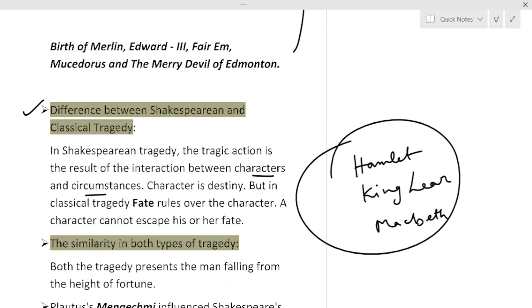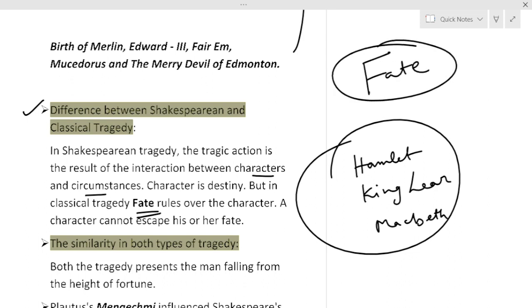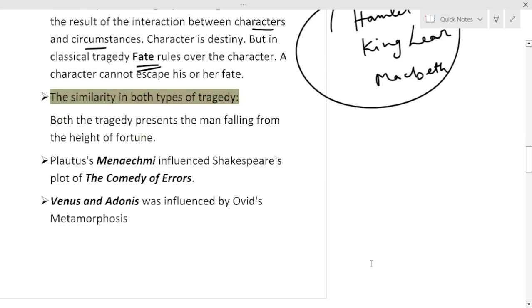Character is destiny. But in classical tragedy, fate is the ruling power. Whatever you do or think to do, all is guided by fate. Fate has already declared what you will do. Your destiny is destined by fate, not by any situation or circumstance.